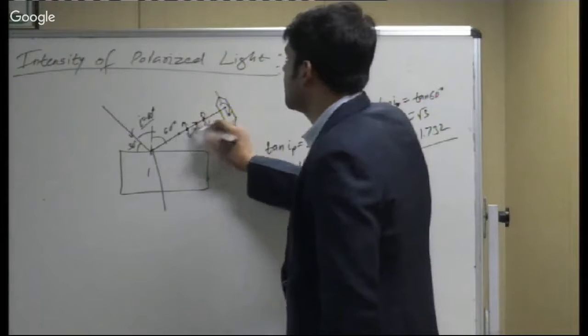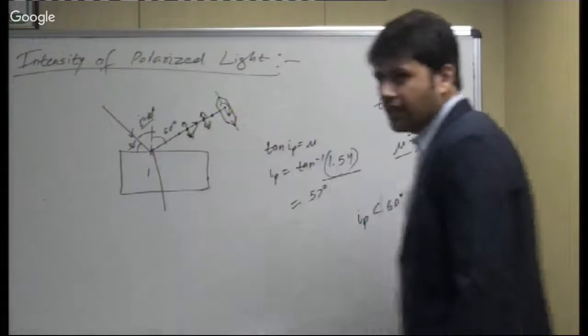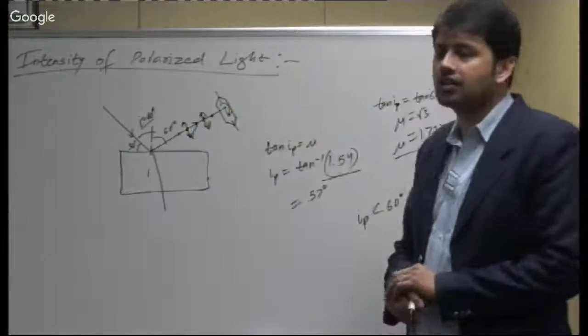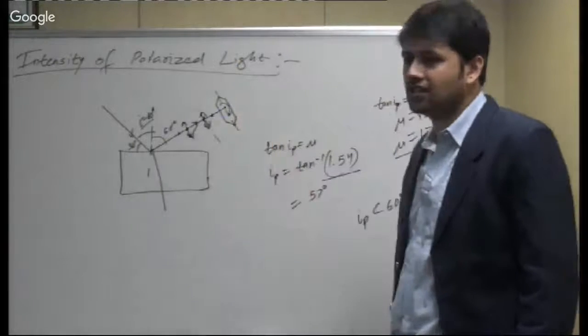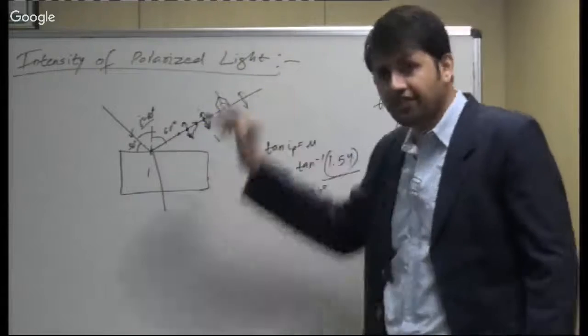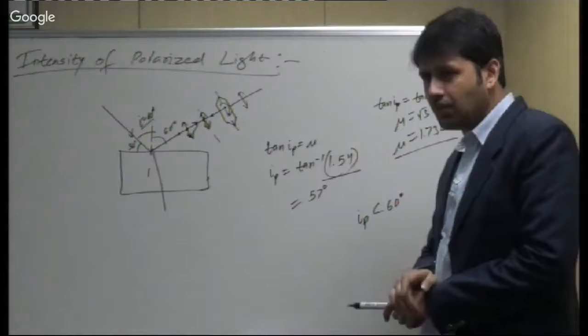More number of dots, but still some vertical oscillations as well. When the transmission axis is vertical, parallel to these vertical oscillations, only the vertical oscillations are allowed. These are very few in number, so the intensity would be minimum but not 0.